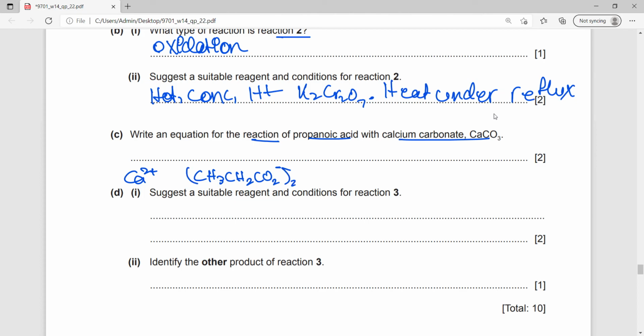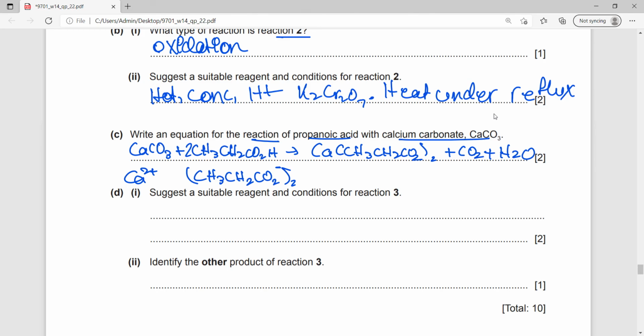So CaCO3 plus 2 CH3CH2CO2H gives, from there on it's an acid-base reaction. Because there's a carbonate, it produces salt, carbon dioxide, and water: Ca(CH3CH2CO2)2 plus CO2 plus H2O.